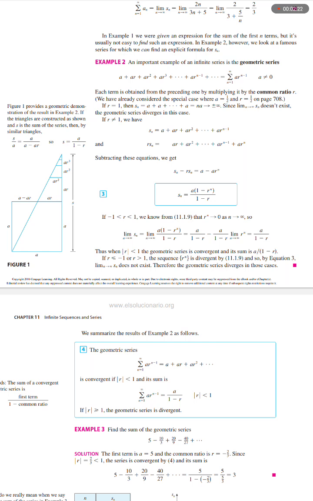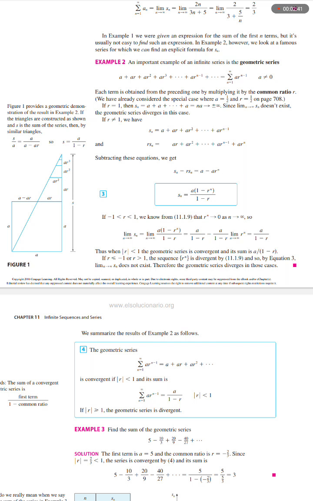Each term is obtained from the preceding one by multiplying it by the common ratio R. We have already considered the special case where A equals 1/2 and R equals 1/2 on page 708.